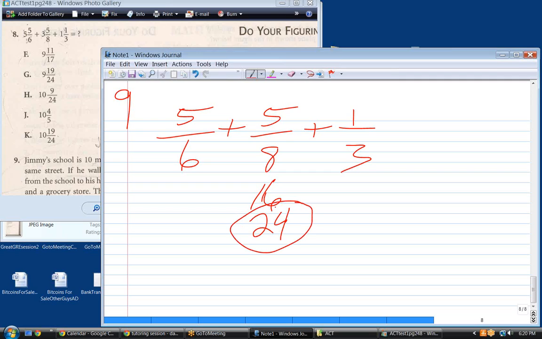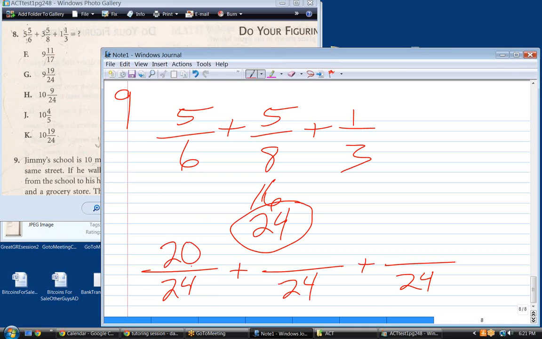So now let's rewrite 5/6 only with a denominator of 24. What is 5/6 equal to if it has a denominator of 24? What's its numerator? Divide 6 into 24 and multiply it by the numerator. 6 goes into 24 4 times. 4 times 5 is 20.